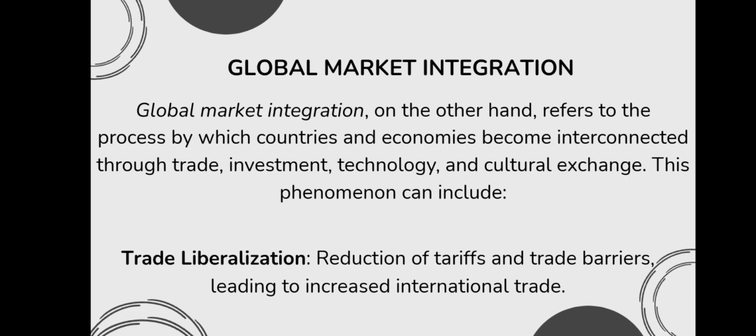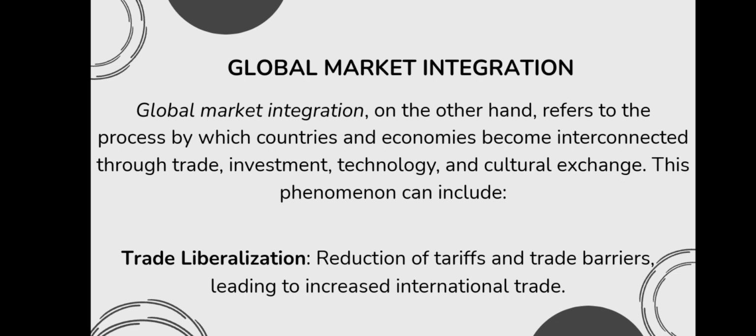So let's have now the global market integration. Global market integration, on the other hand, refers to the process by which countries and economies become interconnected through trade, investment, technology, and cultural exchange.